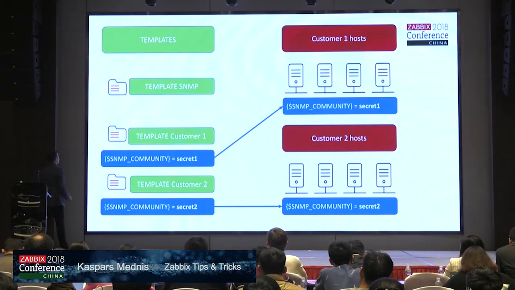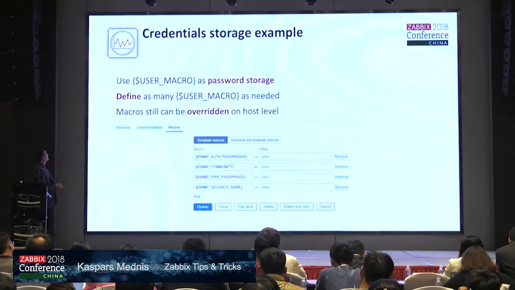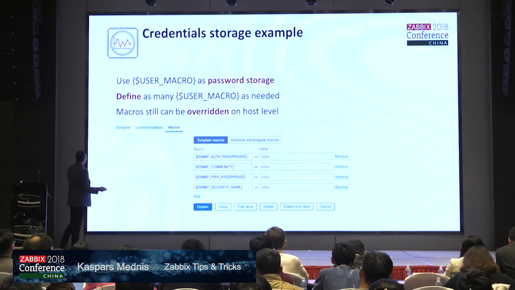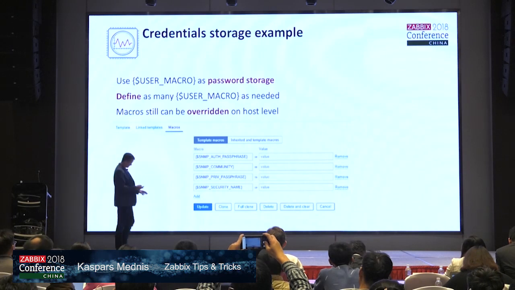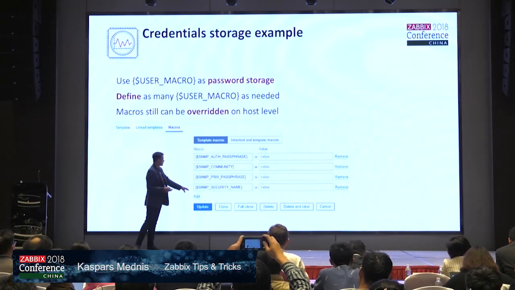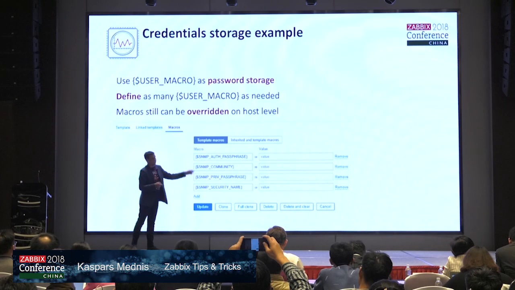Just define customer related settings here, assign it to customers, and it will work. Here is just an example. So, customer template: this template has no items, no triggers. It just has the SNMP community stored here.